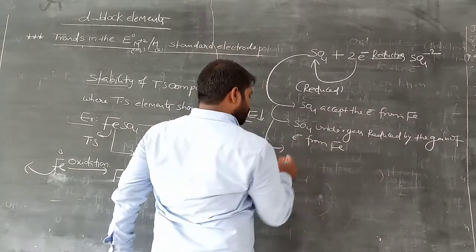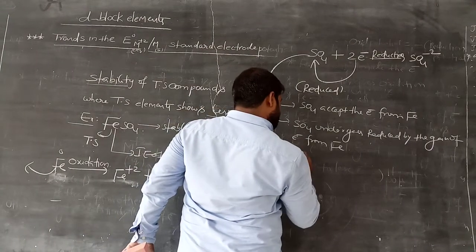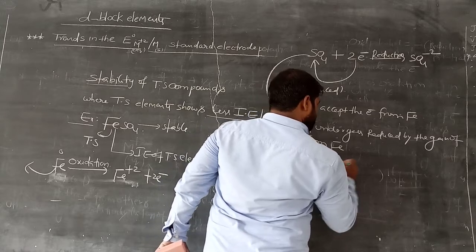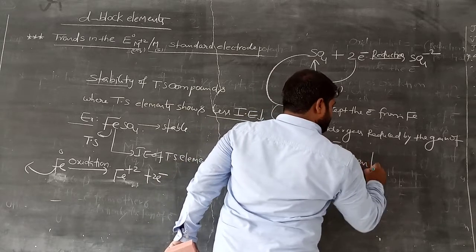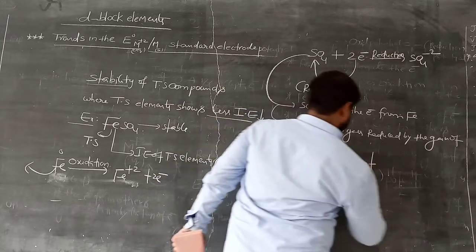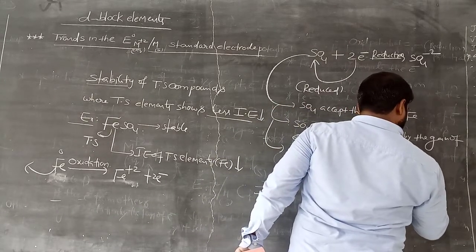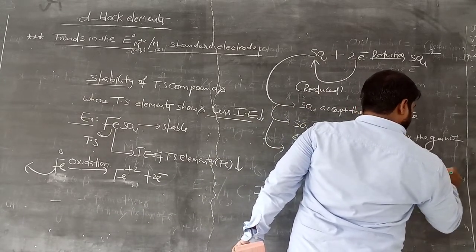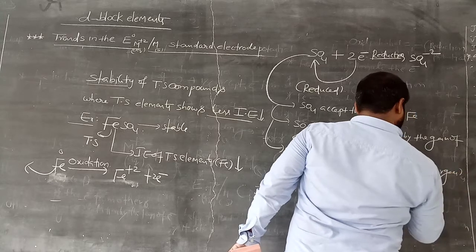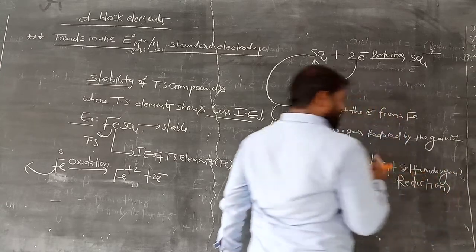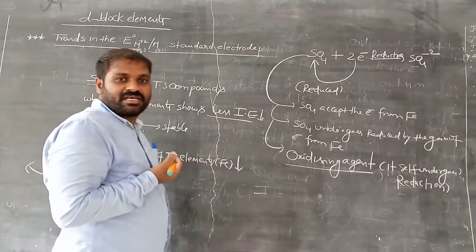So now it is called an oxidizing agent. Itself undergoes reduction. Why? Because it accepts the electron from others, that is iron.